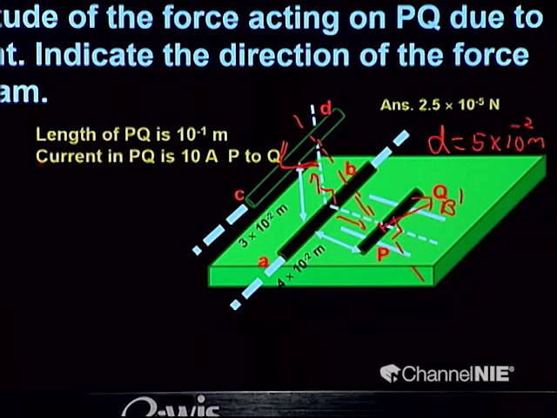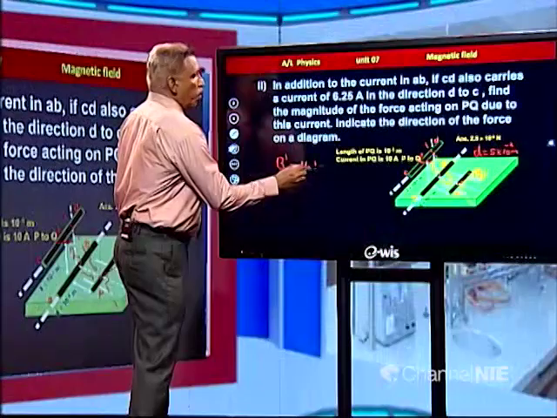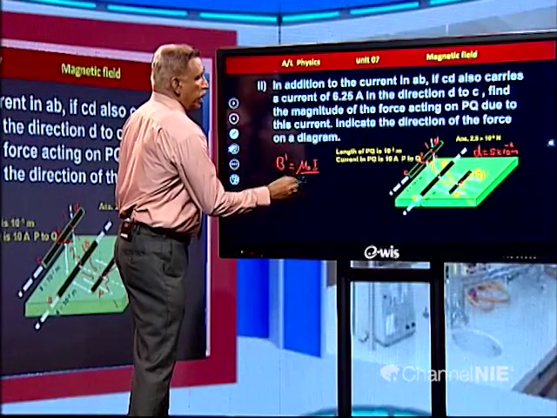So, this B dash we can write, normally, as mu naught I over 2 pi d.